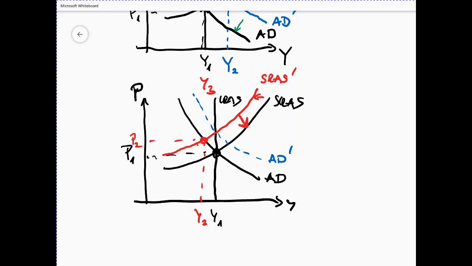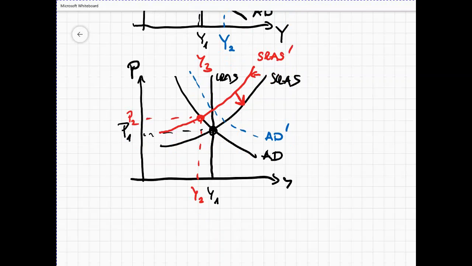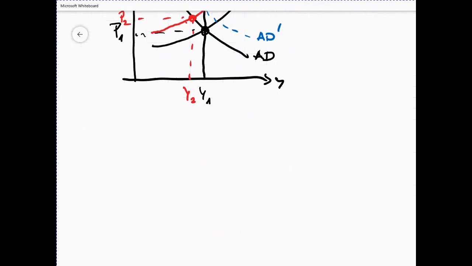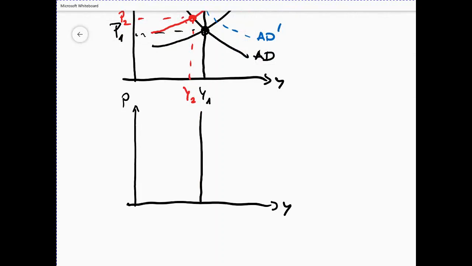So what happens then if we combine shocks in LRAS with SRAS? So we have here again the AS-AD system with an LRAS, SRAS, and AD, of course.